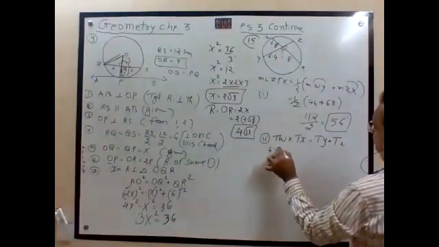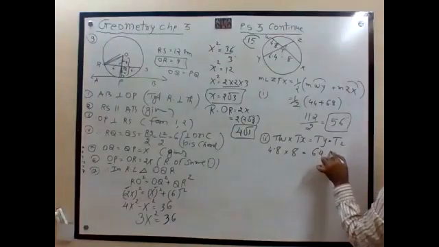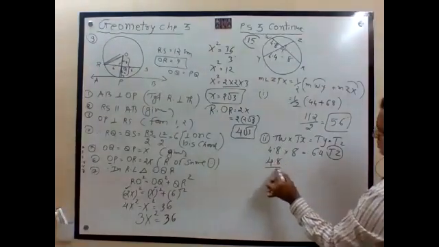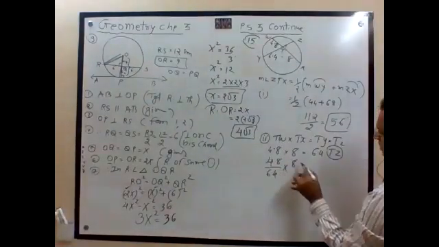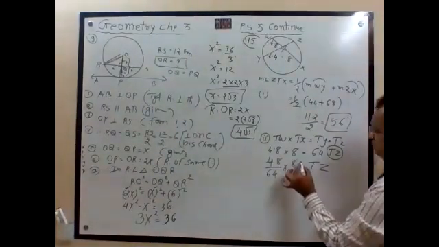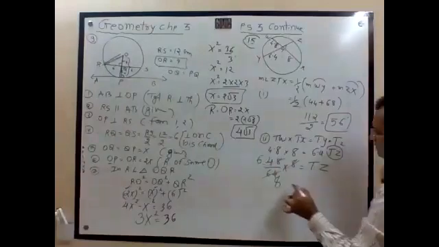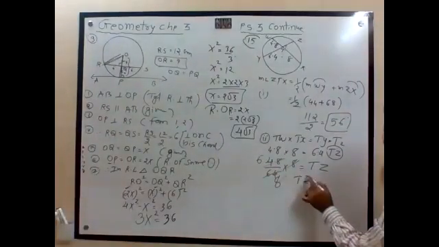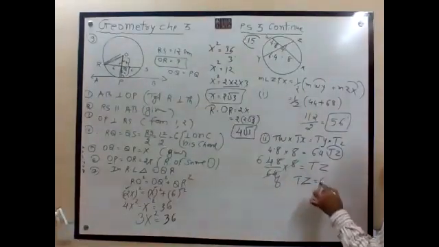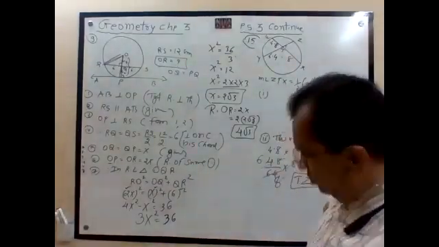This is given 4.8. This is given 8. This is given 6.4. This we have to find out. This will go down: 48, 64 into 8 TZ. Decimal I have cancelled. 8 8s, 8 6s. So TZ is equal to 6.